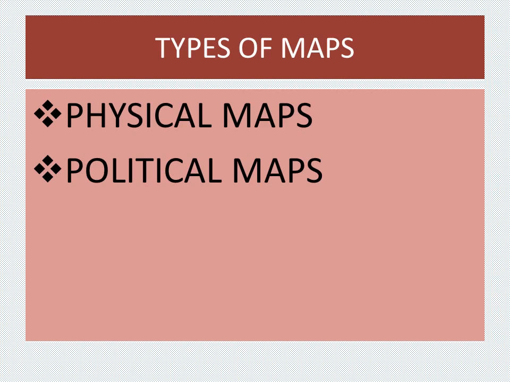So the map that gives us idea about where the state is expanded, from where to where, all this information about the country, about the state, about the capital, the map that gives us this is called a political map.